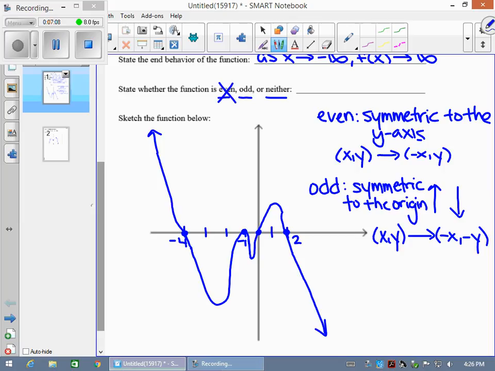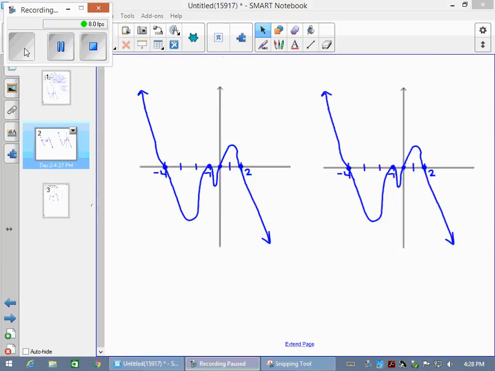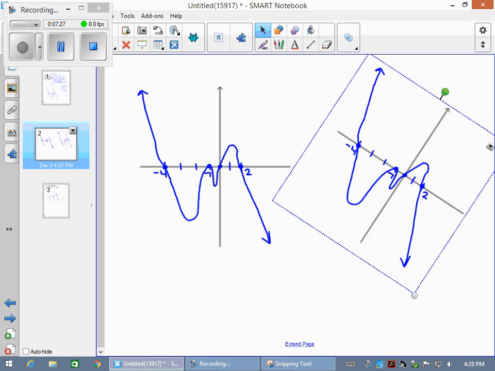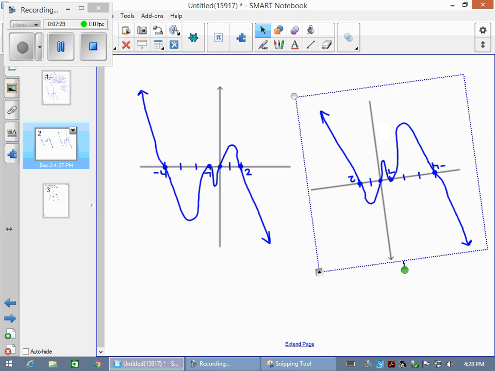And then if I want to determine if it's symmetric to the origin, one way to do that is to flip it over. To show this, I just clone my graph here. If I take this sketch, I have two of the same sketch, and I make a rotation of 180 degrees.